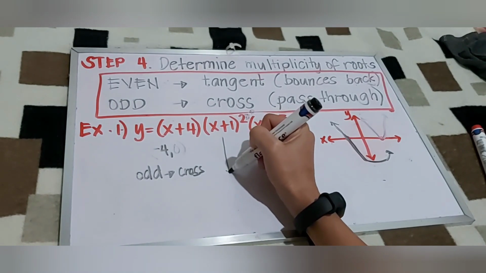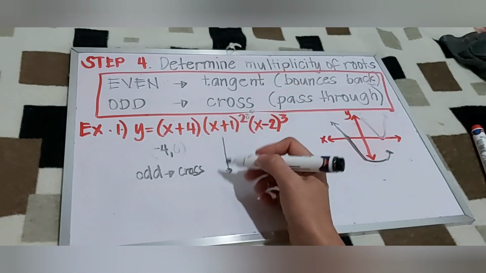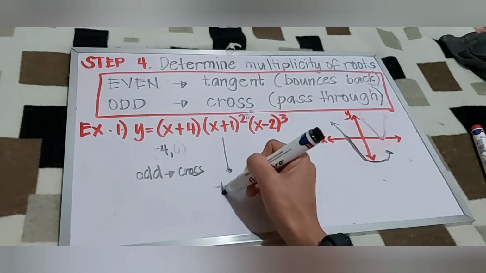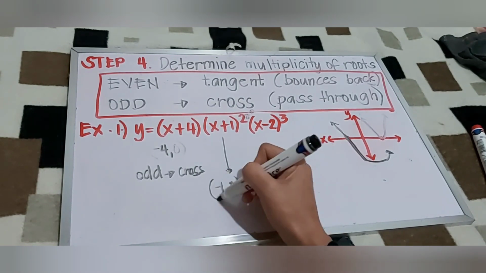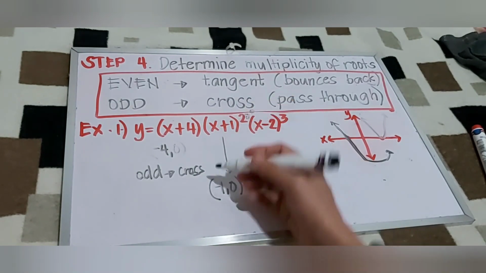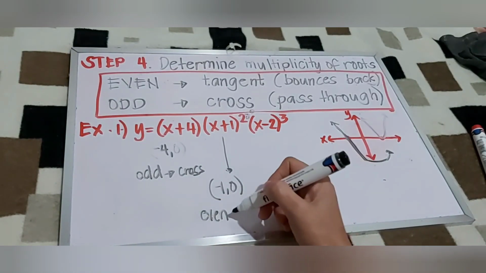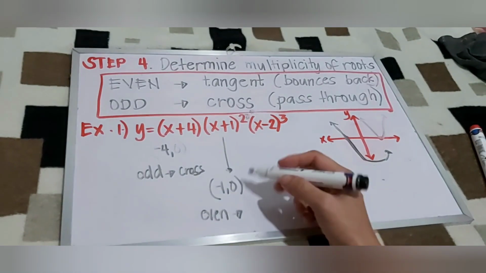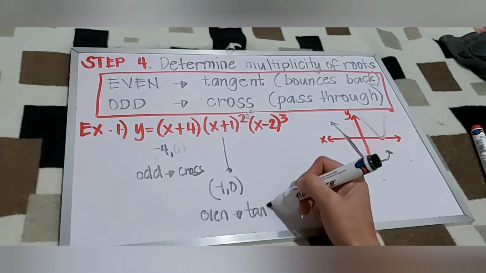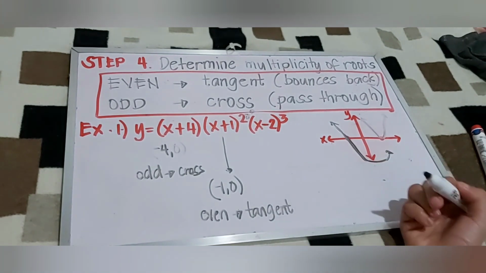For x plus 1 squared, the x-intercept is negative 1 and 0, and it has multiplicity of 2. That is even, so at the point negative 1 and 0, the graph will be tangent, or it will just bounce back.